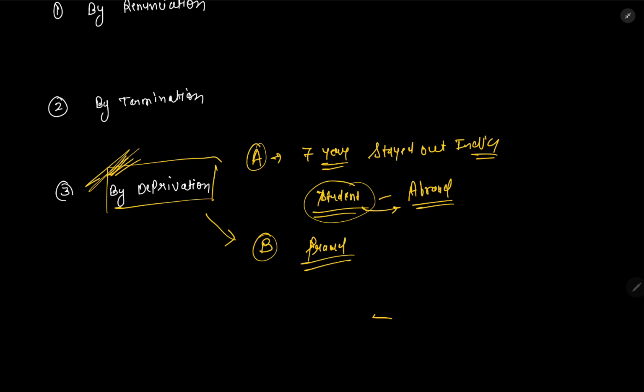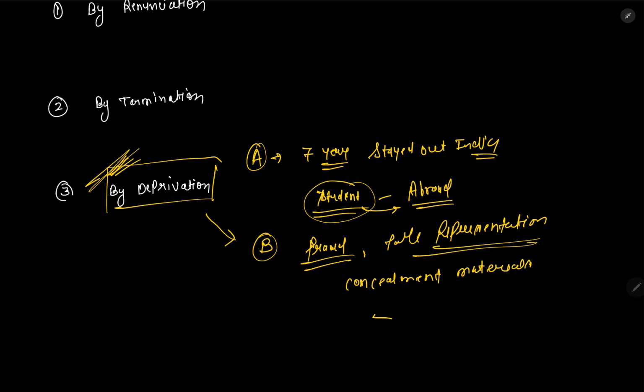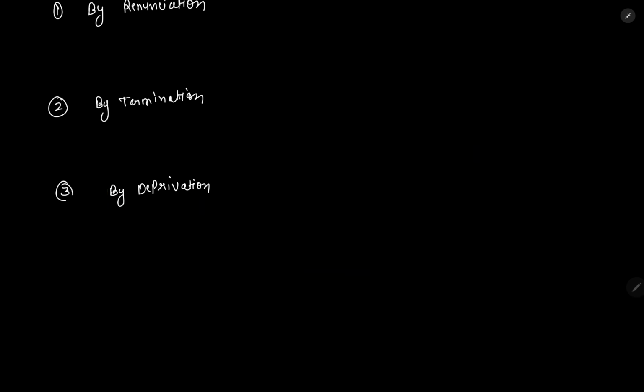Let's say you have acquired Indian citizenship but via false representation, or maybe you have concealed facts or materials, or disloyalty. You must have done something wrong, and if the authorities come to know that you have done some sort of mischievous work or disloyalty, on that condition they will deprive you of Indian citizenship. Clear? So this is the lecture.